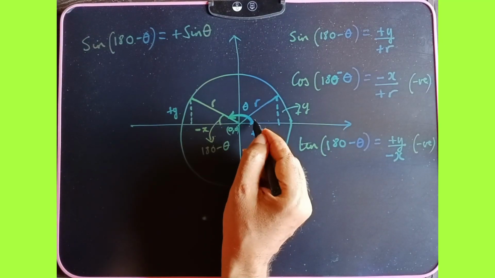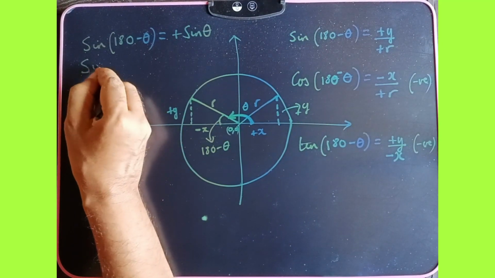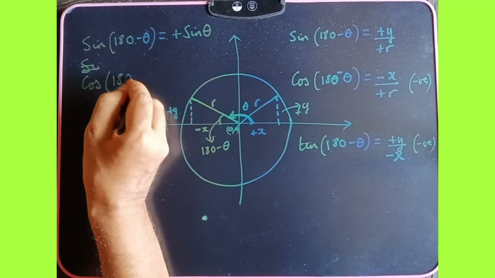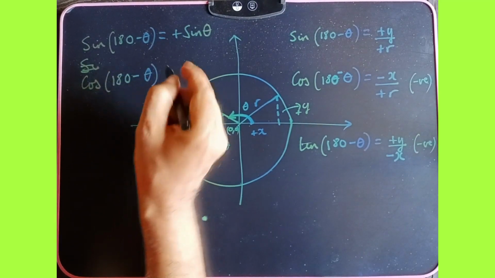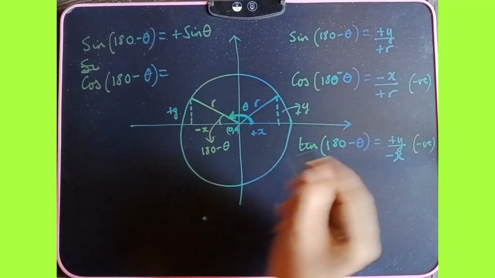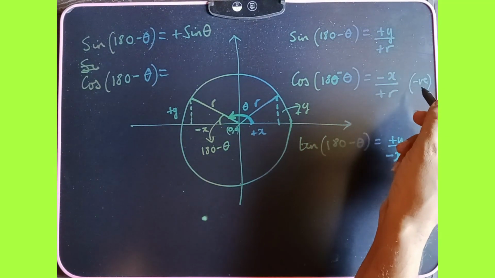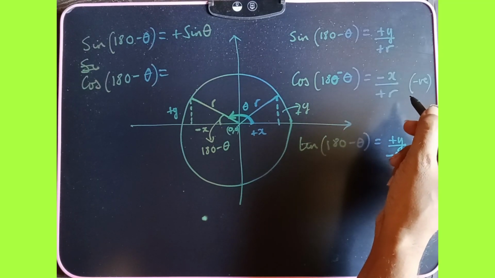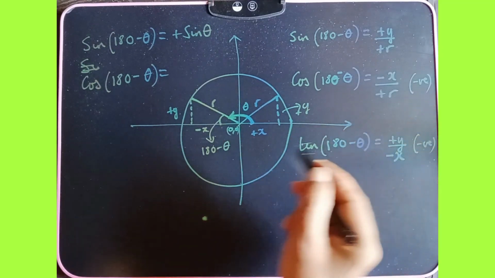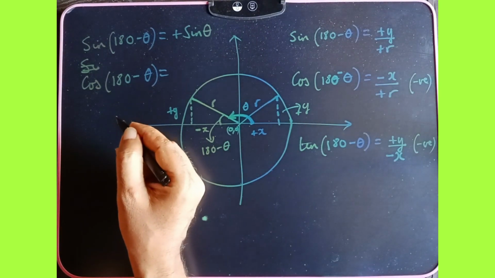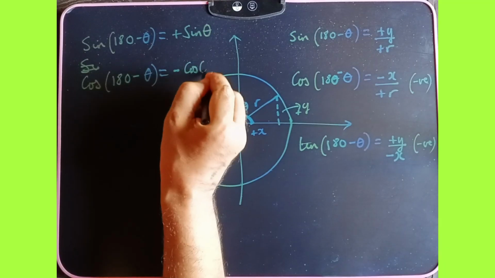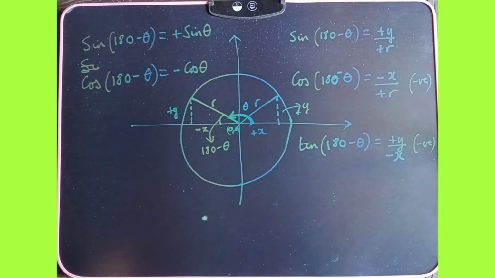And cos of 180 minus theta is going to be equal to, this is negative, right? This is negative. So can I write here minus cos theta, right friends? Right students?